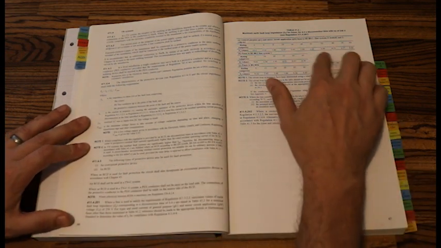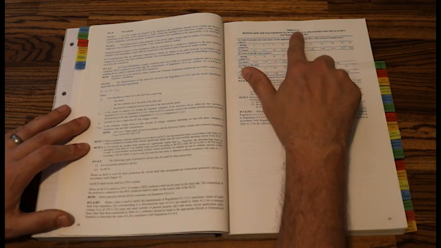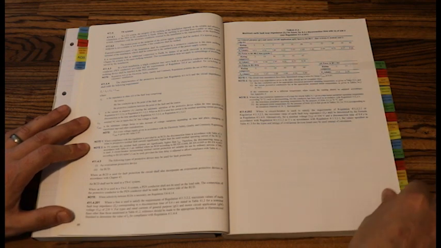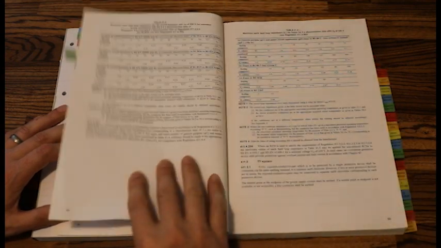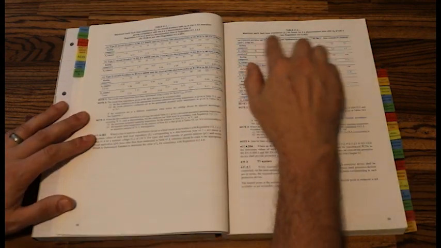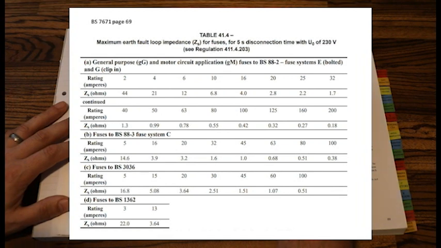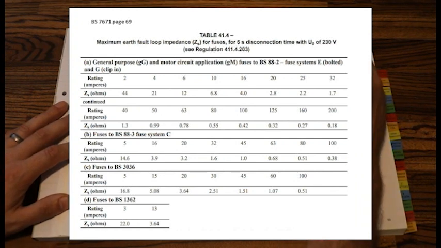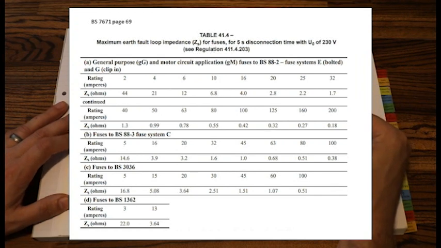So looking at this table now for our max ZS, this table does not apply to us. We look at this table, maximum overall loop impedance ZS for fuses for a 5 second disconnection time. This table, table 41.4, is for distribution circuits or fixed current using equipment that draws more than 32 amps.